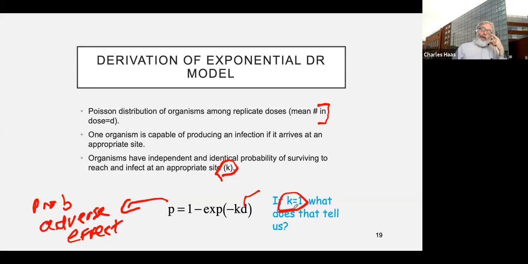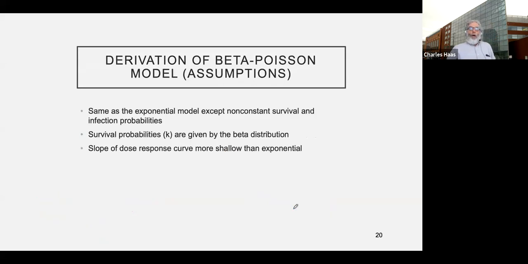And I'll show you graphs of the exponential versus the next model, the beta Poisson, in a minute. The beta Poisson starts with the exponential, but rather than K being a constant, K itself has variability, which is given by the beta probability distribution.